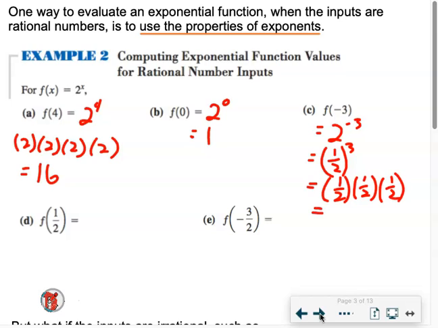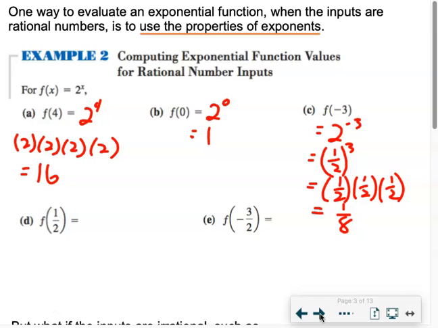Or you could say, since this is pure division inside the parentheses, and remember that whenever there's pure multiplication or division inside the parentheses, we could actually distribute that exponent of 3. Either way, we get to 1/8, and there it is.